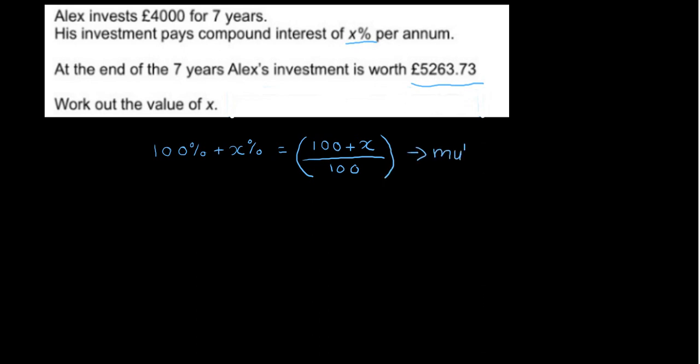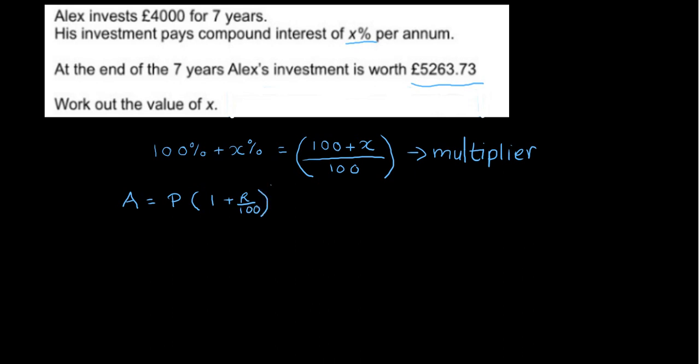Now the rate doesn't change over the 7 years, so I can just use the method to find compound interest. So amount is P times 1 plus R over 100 to the power n. Now 1 plus R over 100 gives you the multiplier.